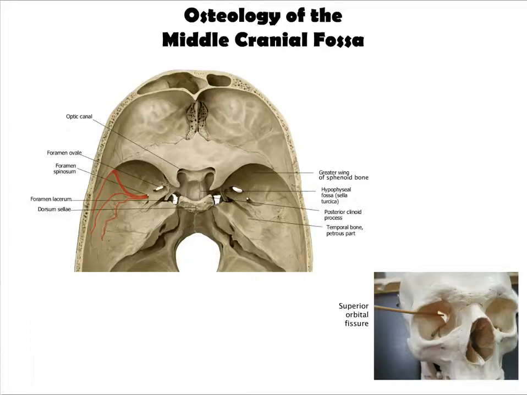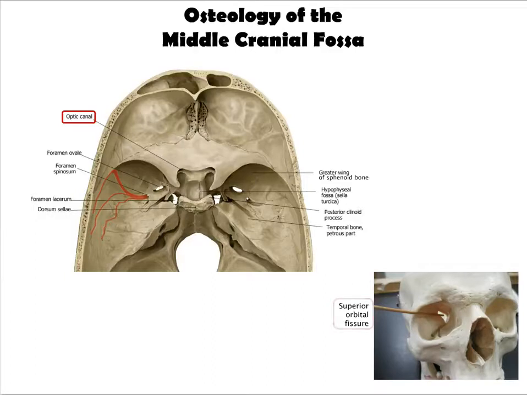The anterior-most circular-shaped opening in the sphenoid bone is the optic canal, which conveys the optic nerve and the ophthalmic artery for communication between the middle cranial fossa and the orbit.